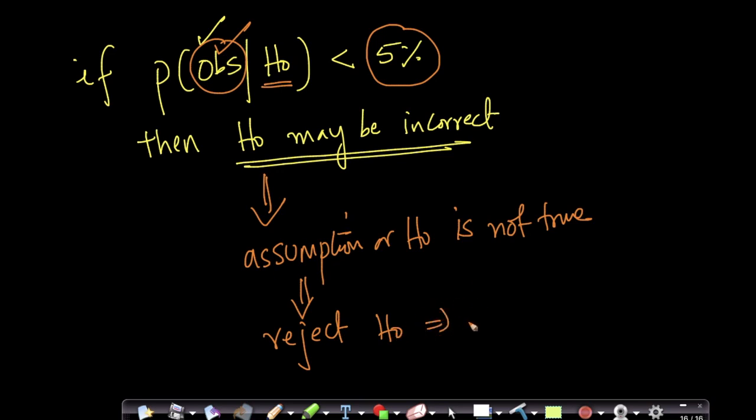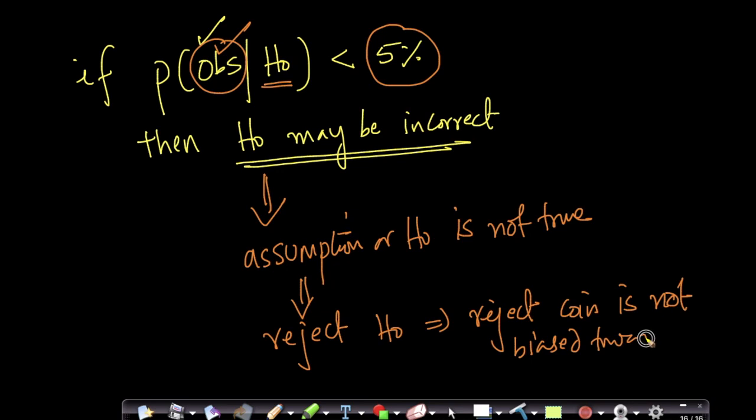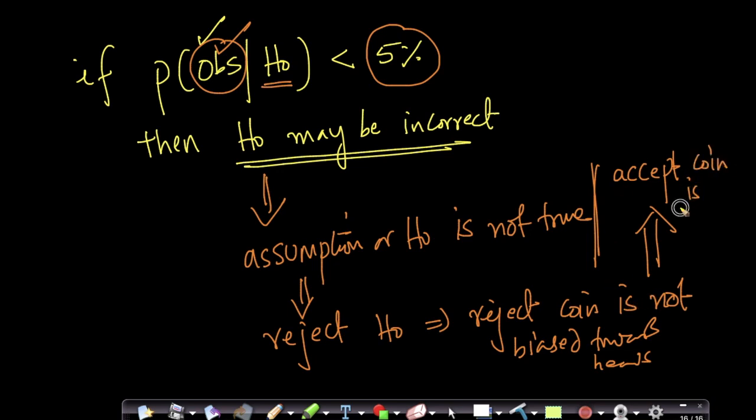Our null hypothesis, we reject the idea that the coin is not biased towards heads. And what does this mean? This means we accept the idea. Rejecting the idea that the coin is not biased basically means we accept the idea that the coin is biased.